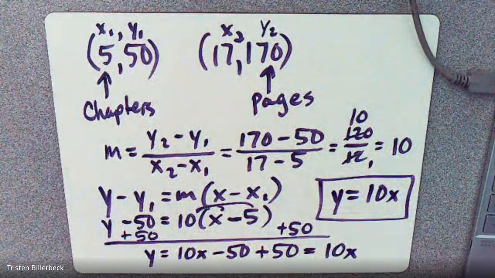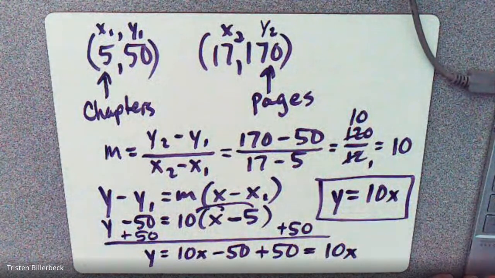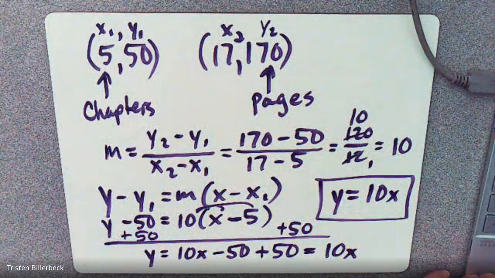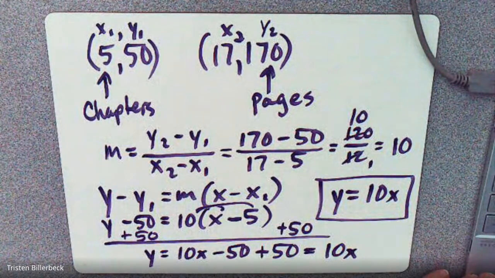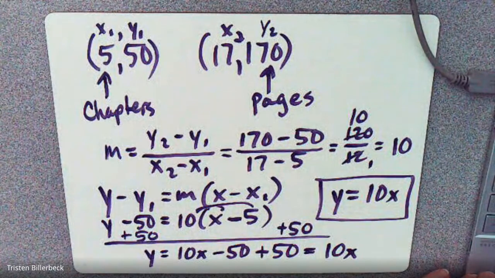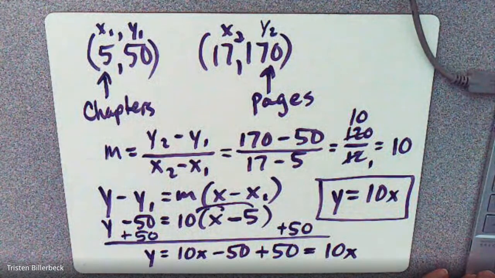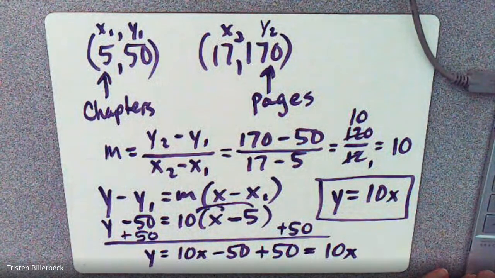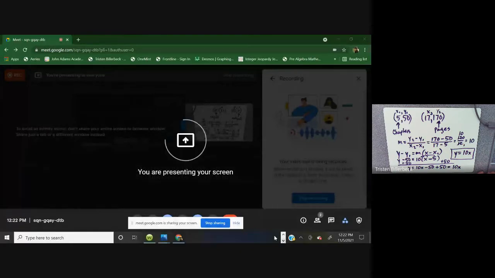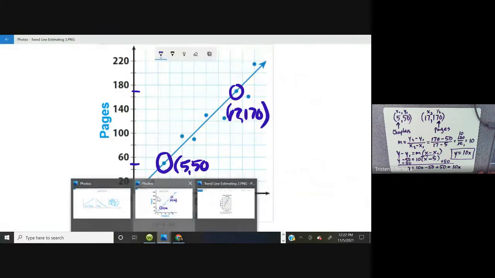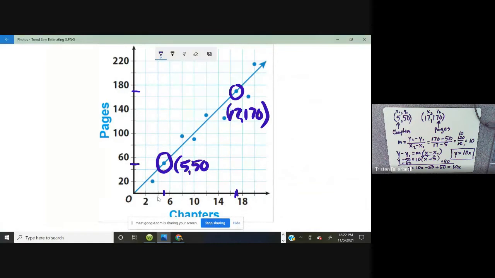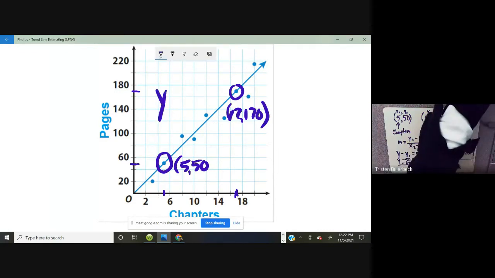So let's go back to the graph and see if that makes sense. All right, so we have this graph here, and we see we have a line of y equals 10x.